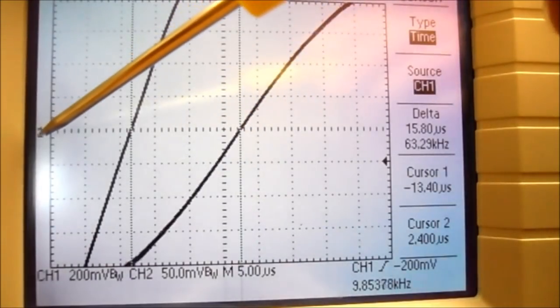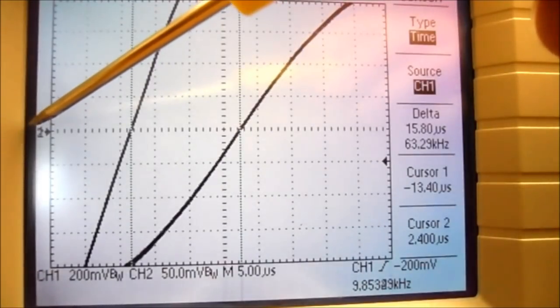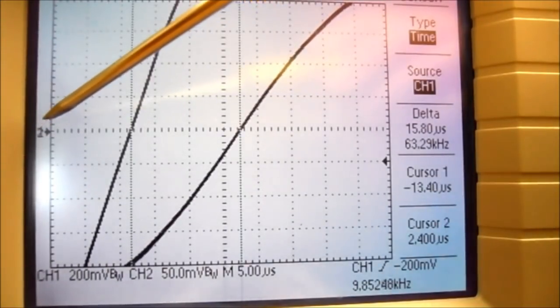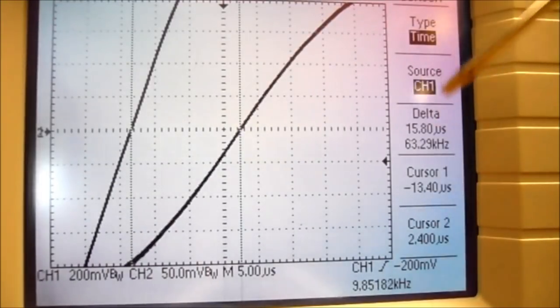That's very important, that both waveforms share the same zero line. You can see the zero line for channel 1 is underneath the zero line for channel 2. So it's very important they share the same zero line. You can see my delta is 15.8 microseconds. That's a lot more accurate than I had before.